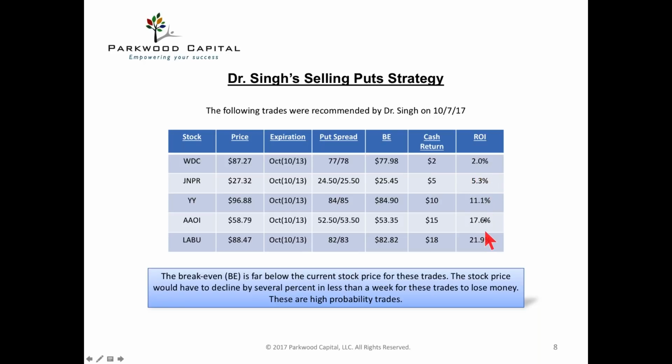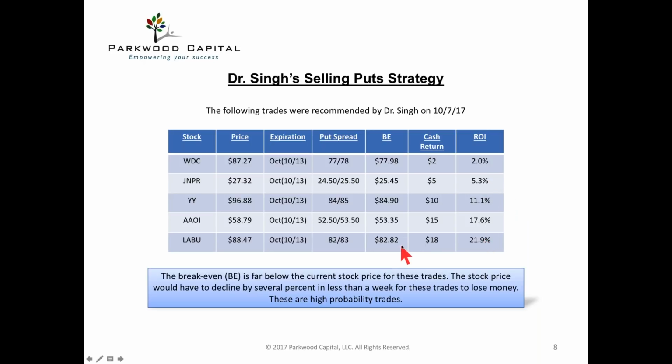And as you can see, the trades go from about 2% up to about 21%. And this is one of the unique things that Dr. Singh does. In his trade alerts, he lists what he calls his ultra-conservative recommendations, and then his conservative recommendations, and then his more aggressive recommendations. And that's what we're seeing here as these returns get higher.